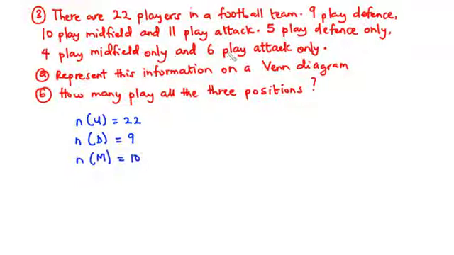And 11 play attack. Now we are also told that 5 play defense only. So the number of players who play defense only is 5. The number of players who play midfield only is 4.